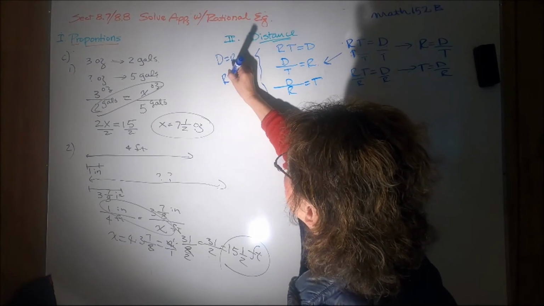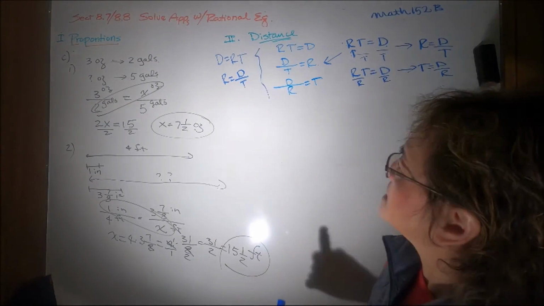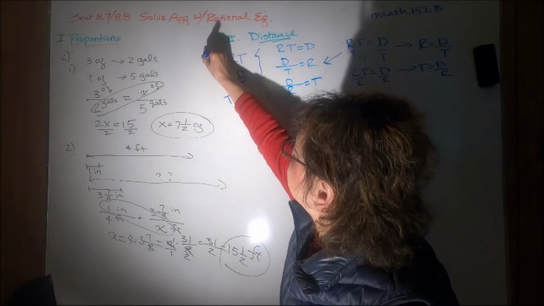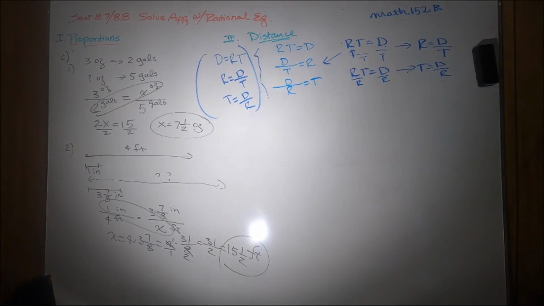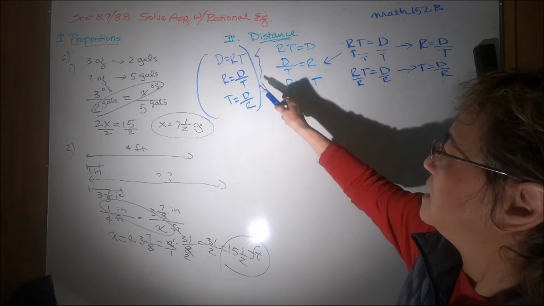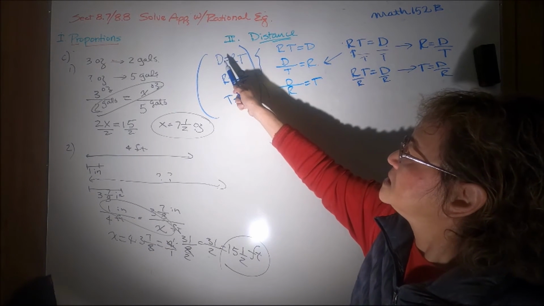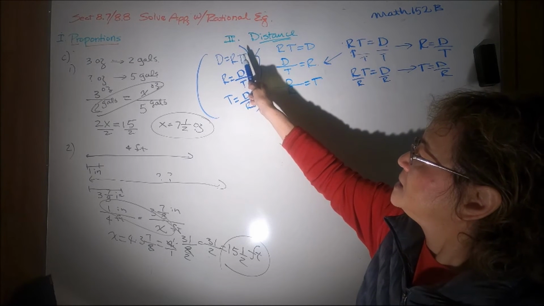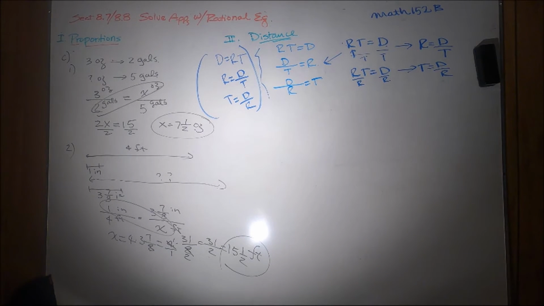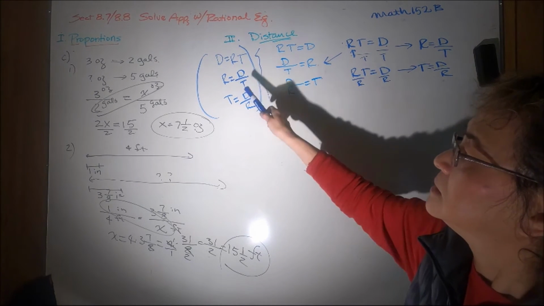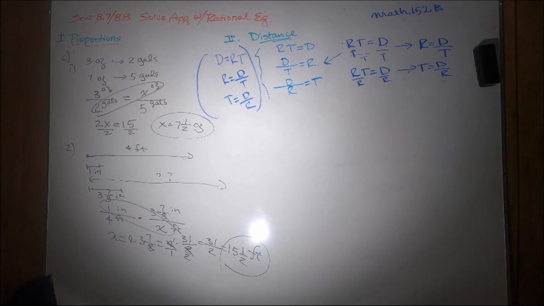Then R is D divided by T. T is D divided by R. So those are the formulas you will remember. As long as you remember the third formula, distance equals rate times time, then you can derive the rest of the formulas, right?